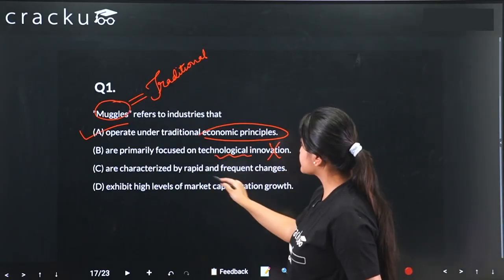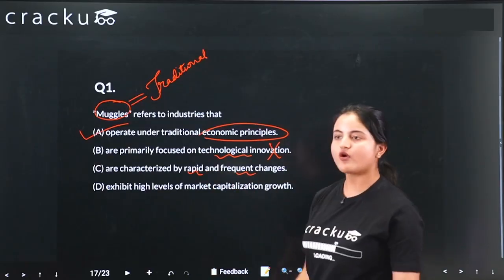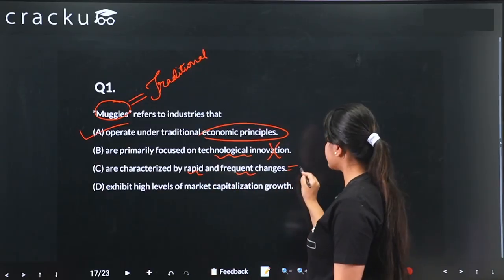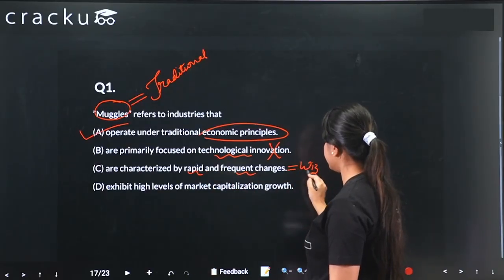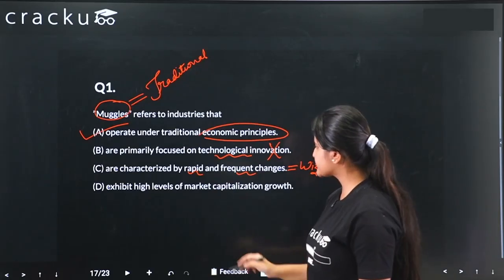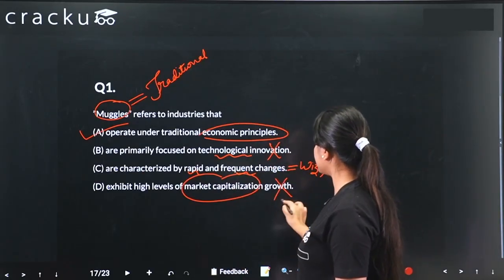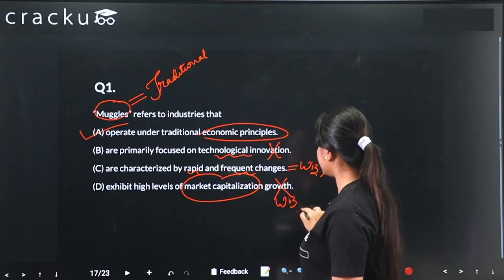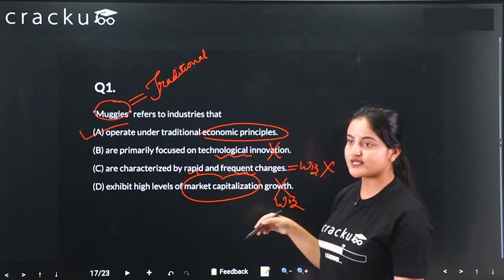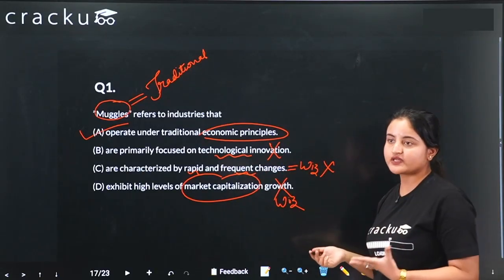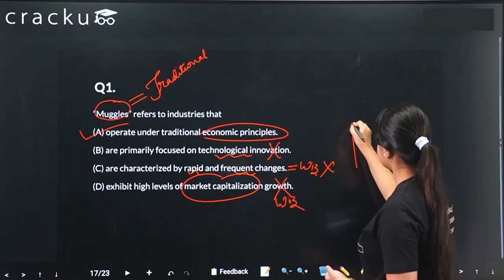Are they characterized by rapid and frequent change? Opposite. These were the wizard ones, that can change rapidly. So no. Exhibit high levels of market capitalization growth? Wrong. The wizard ones were showing high levels of market capitalization growth. Sometimes making figures helps us a lot, like this figure I was making.